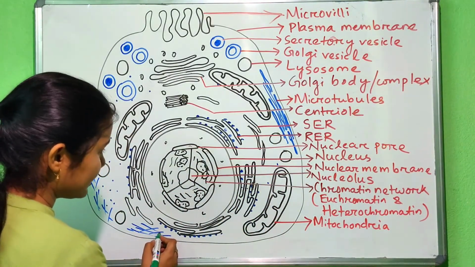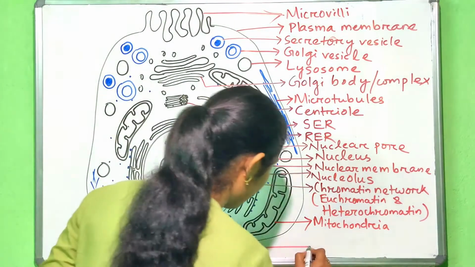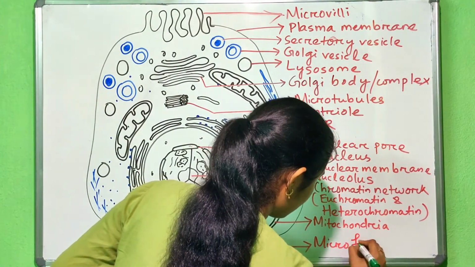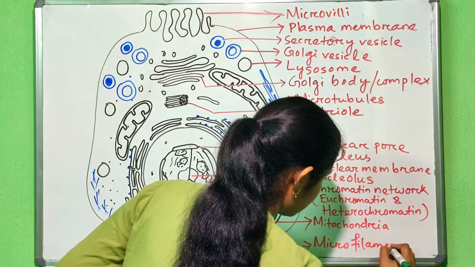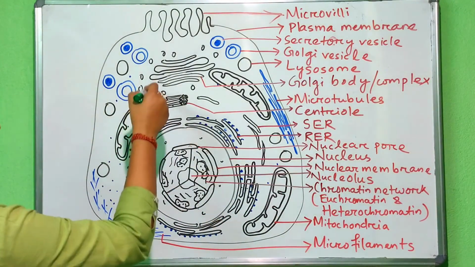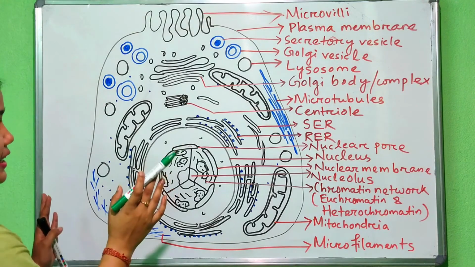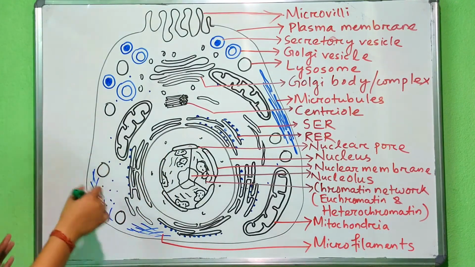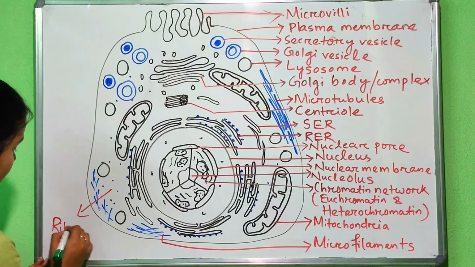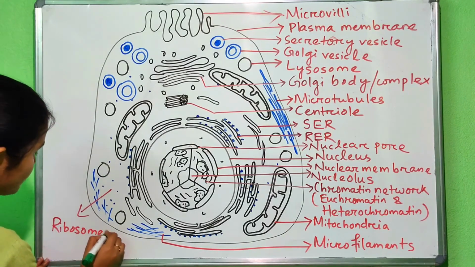Then what are these? These are the microfilaments. Then there are some ribosomes which lie scattered in the cell. What kind of ribosomes are these?